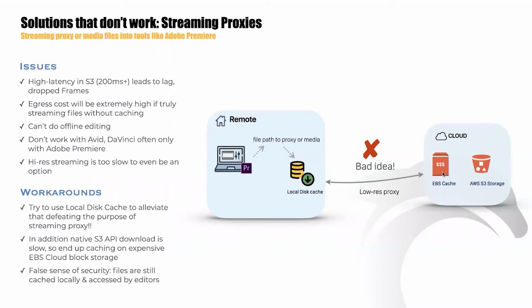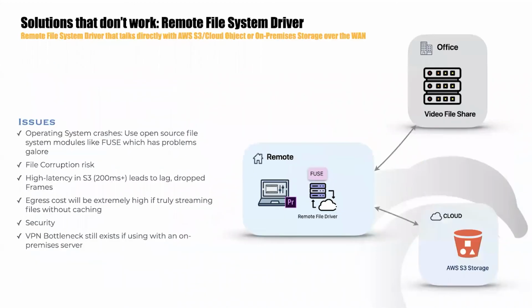So now what you have is a solution that purports to be streaming proxies or media, but it has two caches, one in the cloud and one on the local disk. So A, you haven't really solved anything. Your content is not any more secure. Files are still cached locally and can be accessed by editors. And you also have huge cloud costs. So beware of approaches that talk about streaming proxies.